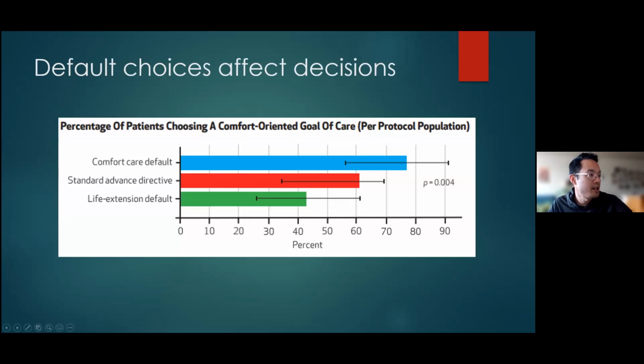And so based on that, you can see this is the percentage of patients choosing comfort-oriented goals of care based on what we selected as a default. And so if we put in comfort care as a default, they were more likely to stick with it. And if we put in life extension as a default, they were more likely to stick with the life extension default.